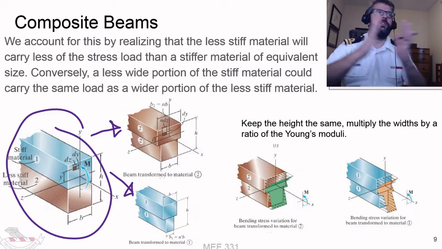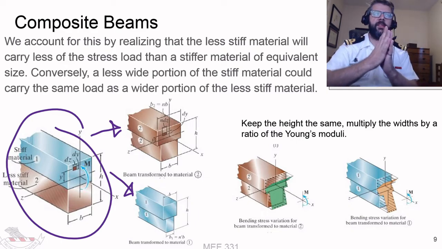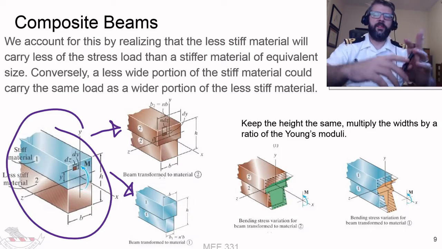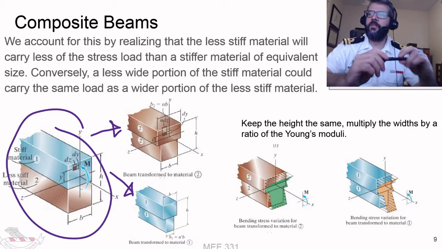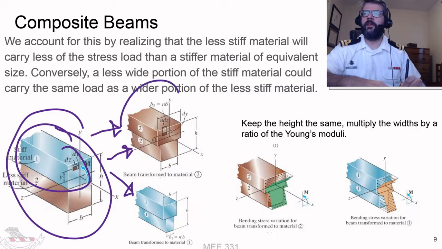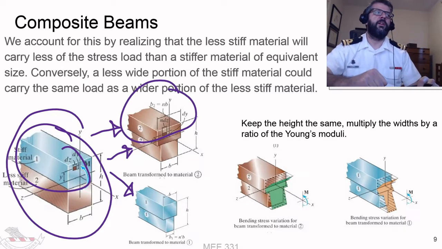Only the width, not the height. If we're going to transform it into the less stiff material, then we need to take the stiffer material and increase its apparent width.